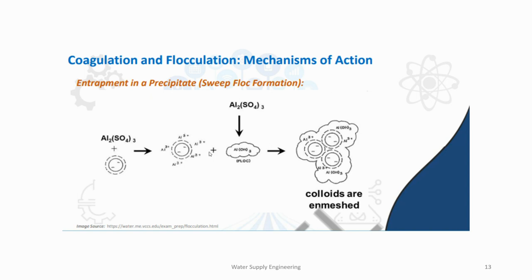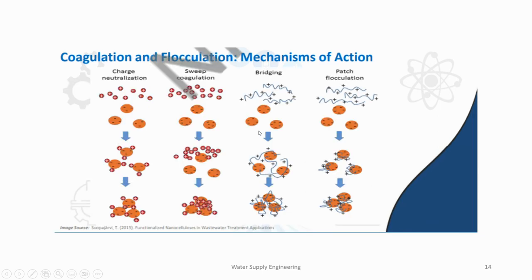So while it is precipitating and settling down, on its way, the colloids are either enmeshed or entrapped within this large amount of coagulant. So thus, the mechanisms of action of coagulation and flocculation can be seen as charge neutralization, sweep coagulation, bridging, and patch flocculation.